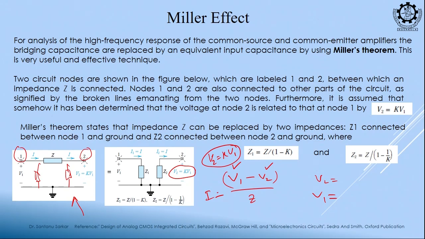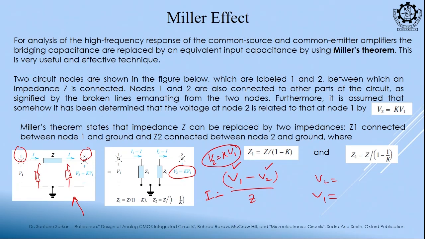Suppose in between them one amplification is there, so V2 is equal to K V1. Okay, let me tell this again. This is a part of a bigger circuit and V2 is equal to, suppose, 10 V1, K is equal to 10, something like that. And one impedance is there between node 1 and node 2.